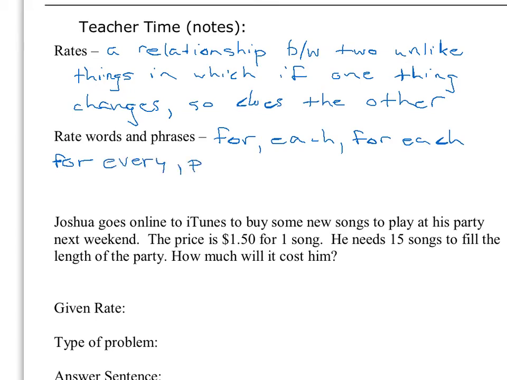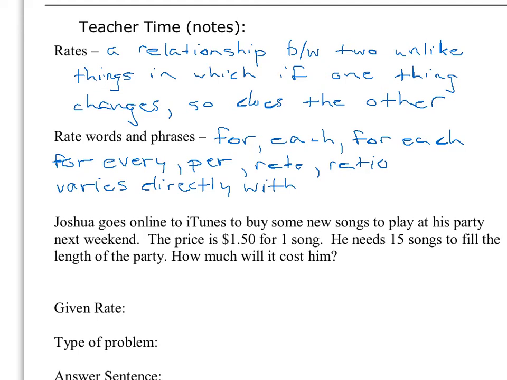We might see the word per. We might see the word rate or ratio. And we also might see the phrase varies directly with.